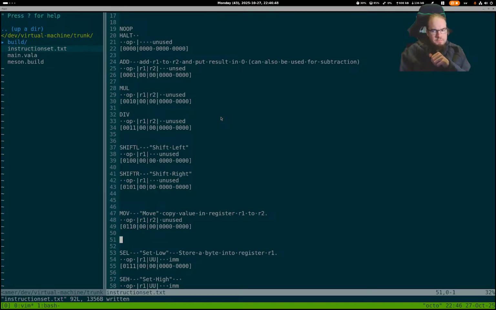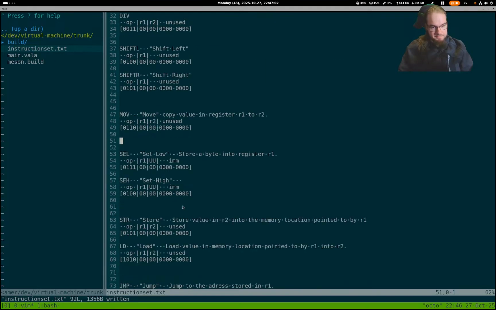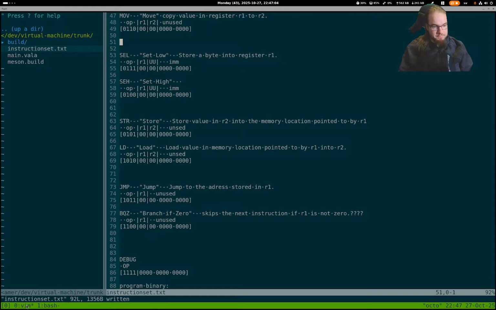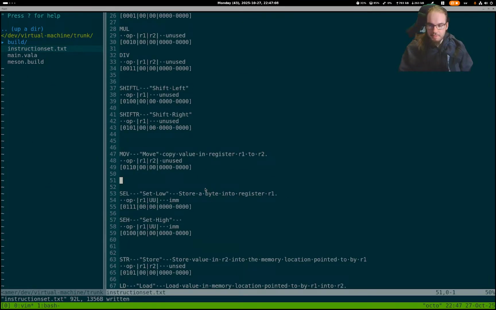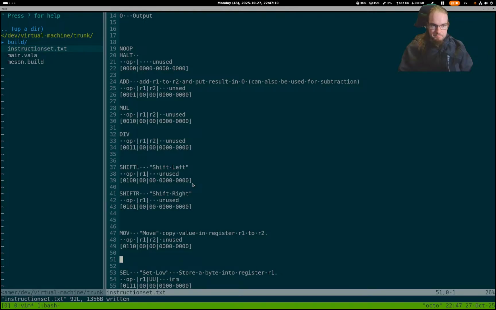So we can emulate different stuff. Still no file loading, by the way. Still no idea if this is gonna work. But we're gonna implement it anyway, even if we don't have any compiler or anything built.